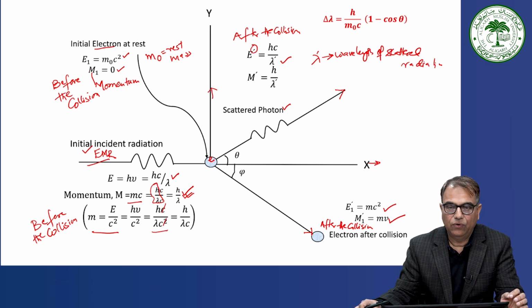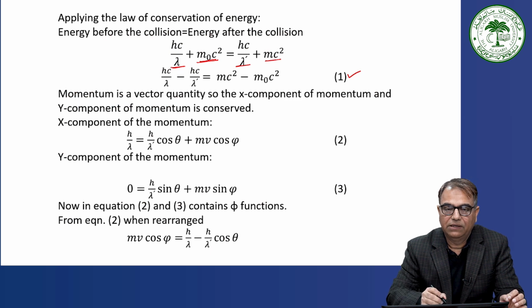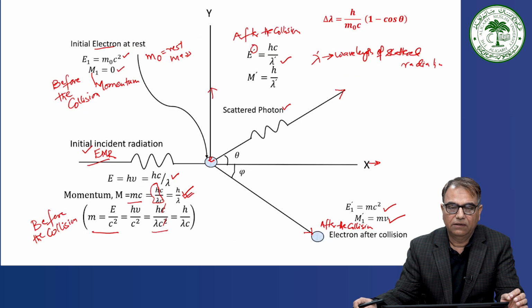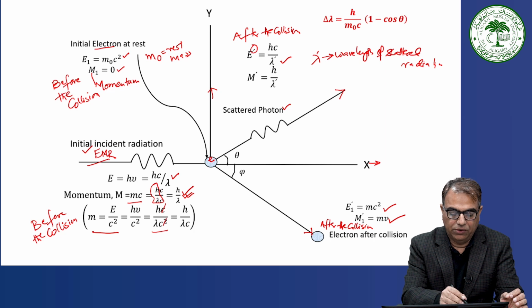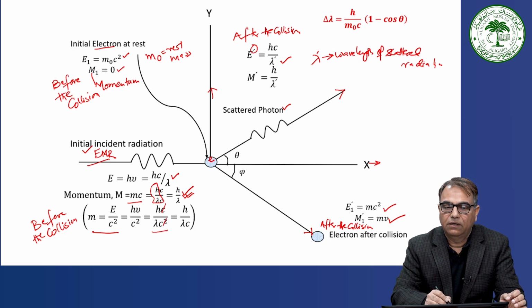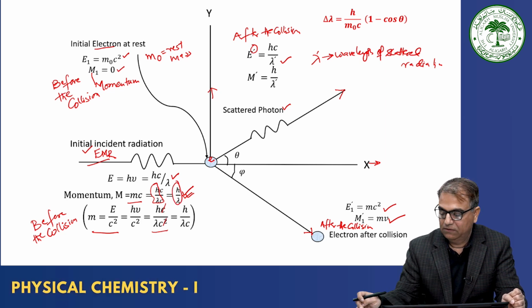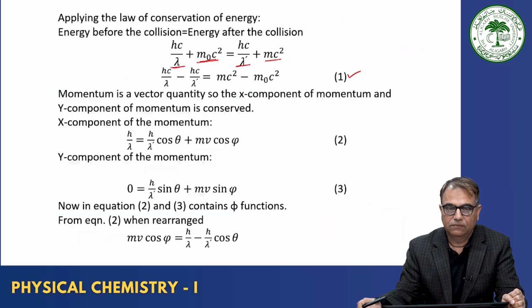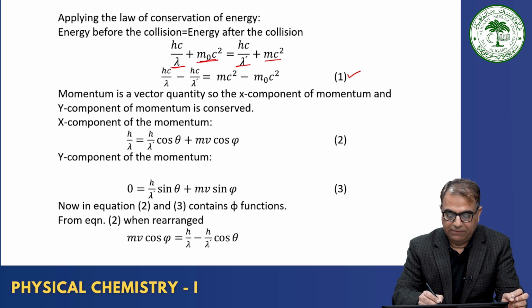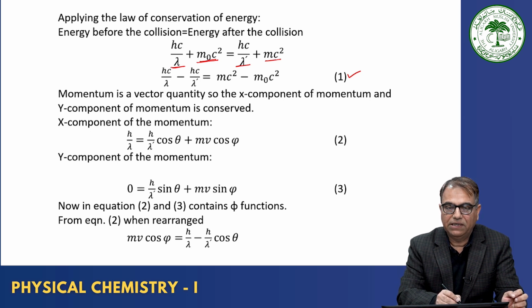If you look at the x component of the momentum before the collision, you do not have a momentum for the electron, but for the radiation you have a momentum value of h divided by lambda, which is the momentum along the x direction.